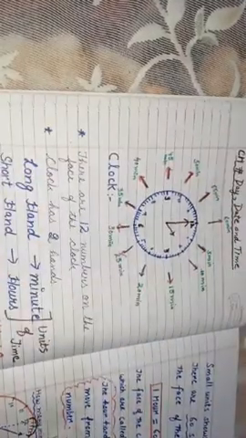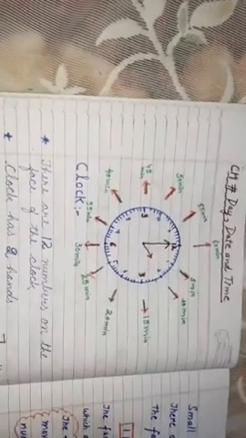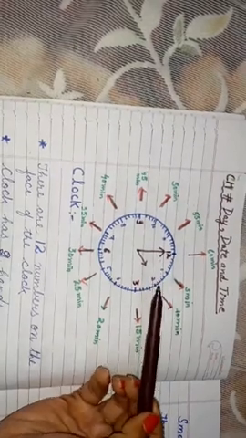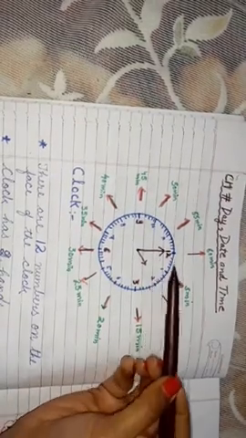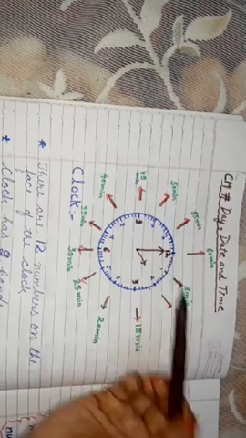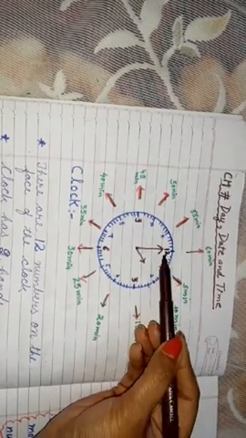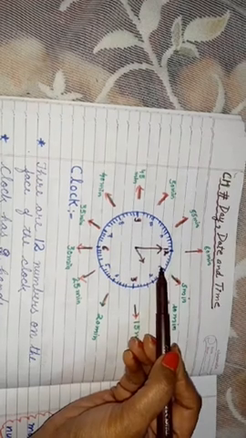So let us learn more about minutes. Here I have drawn a clock, and when the minute hand is at 1, it is 5 minutes because it is covering 5 minutes. When the minute hand moves from 12 to 1, it is 5 minutes.